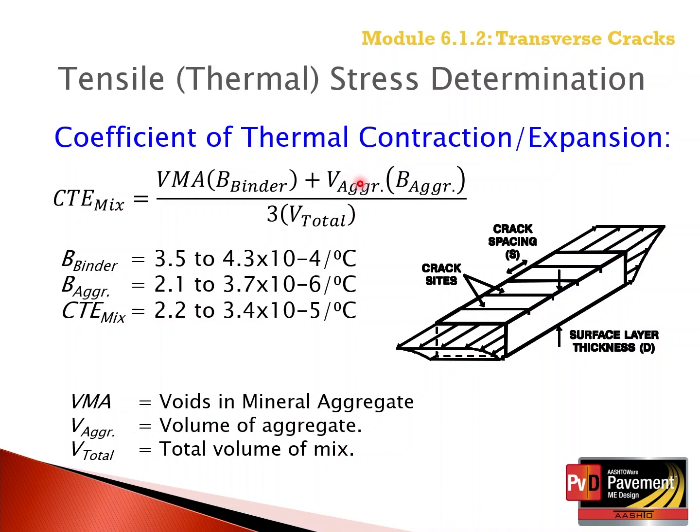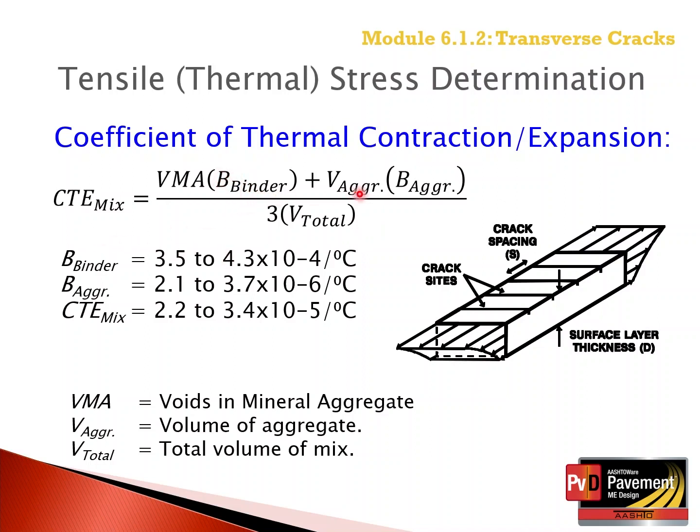The range of the coefficient of thermal expansion and contraction for the individual mixture components is also displayed on the slide and used to determine the coefficient of expansion and contraction of the entire mix itself.